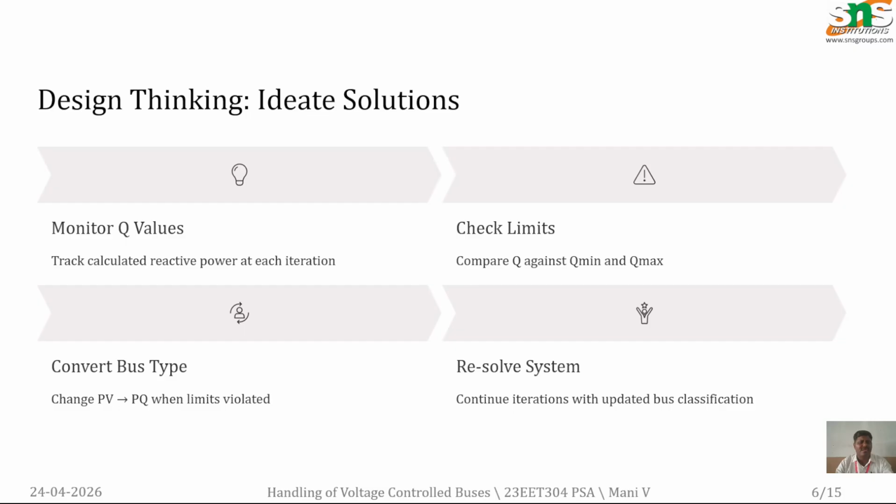So in the ideate stage, these are the steps we follow in order to maintain the voltage stability. One, we calculate the reactive power Q for each iteration.